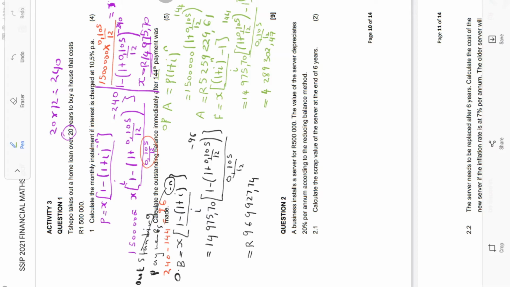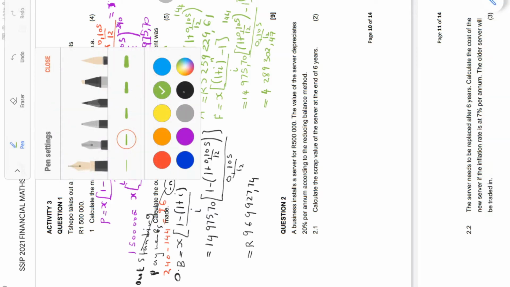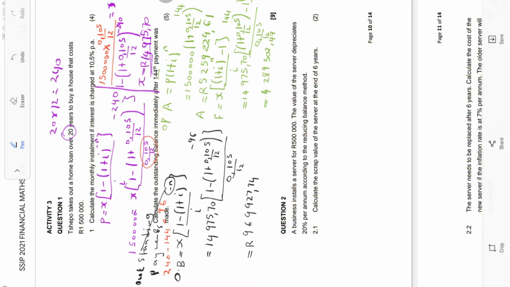So after, we need our outstanding balance. The outstanding balance will be the difference between these two amounts.